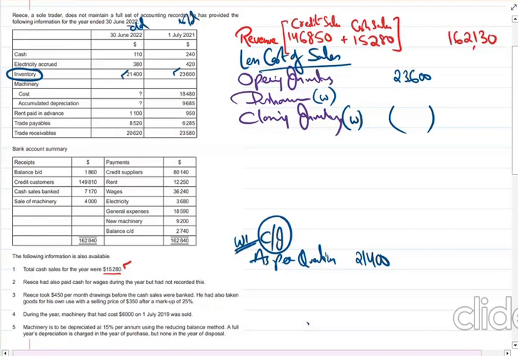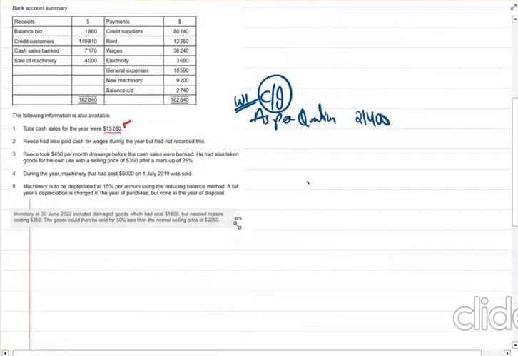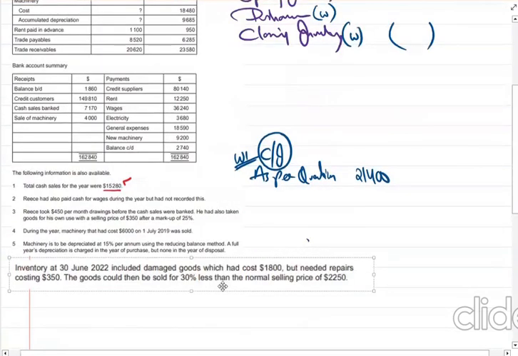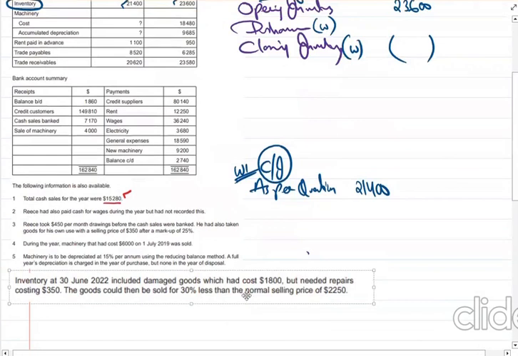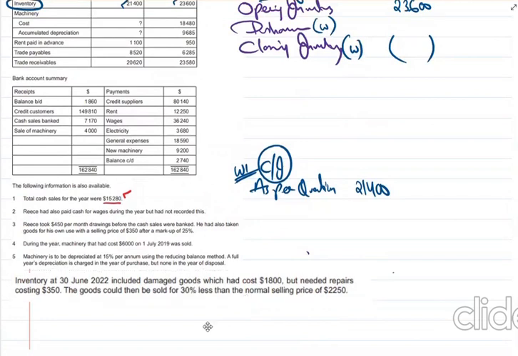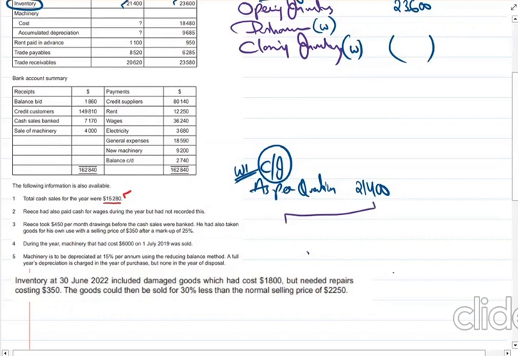Additional information of this question, which I am now sharing on the screen as well. If we recall our earlier studies, IAS 2, we discussed that inventory must be recorded at the lower of cost or NRV. Remember? The inventory includes damaged goods, meaning something which is damaged.